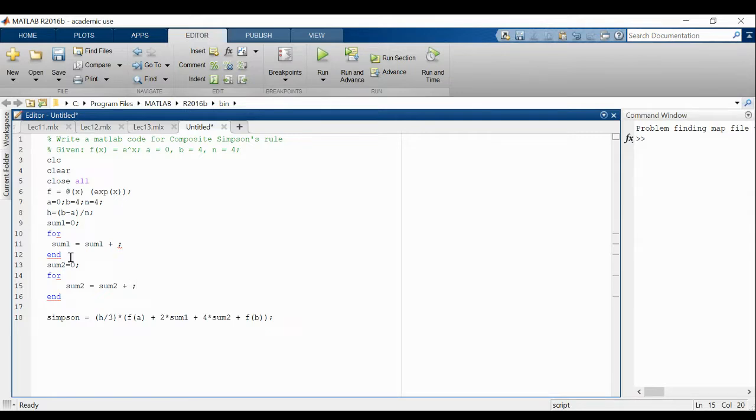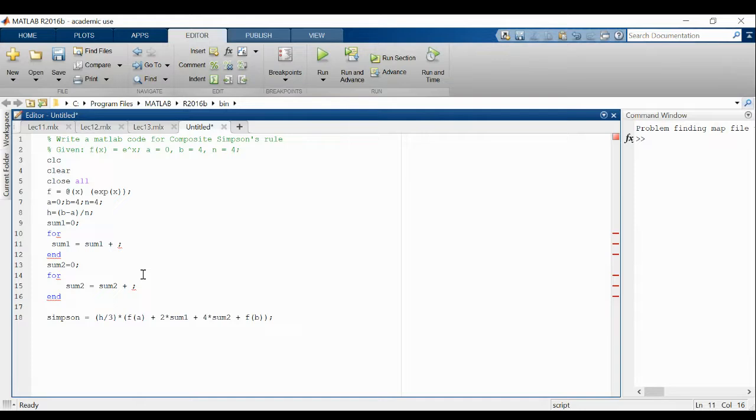So I'm showing you how you think when you are writing something. You pay attention to the formula and then to the algorithm, what we are going to do. Okay, so we are much closer to the formula now.